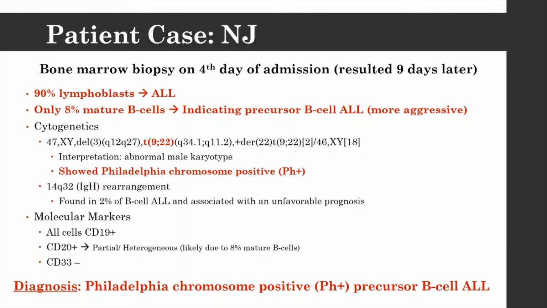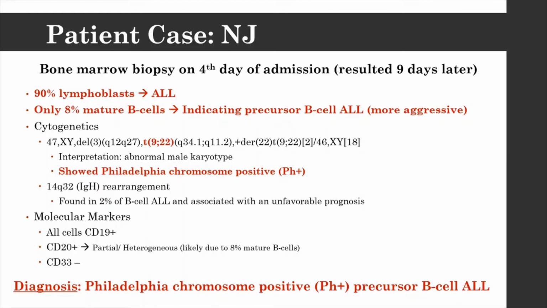His molecular markers showed that all of his cells were CD19 positive, partially CD20 positive, and that's likely due to the 8% mature B cells because only mature B cells have CD20 on their surface. He's also CD33 negative. So for his overall diagnosis, he has Philadelphia chromosome positive precursor B cell ALL.